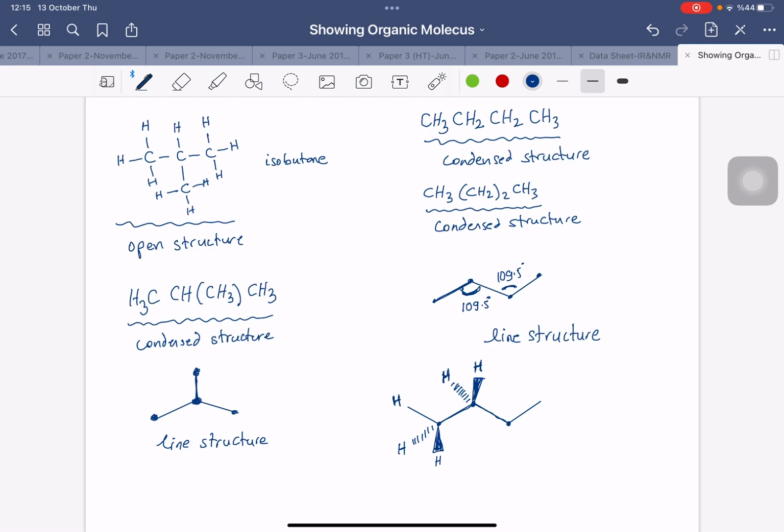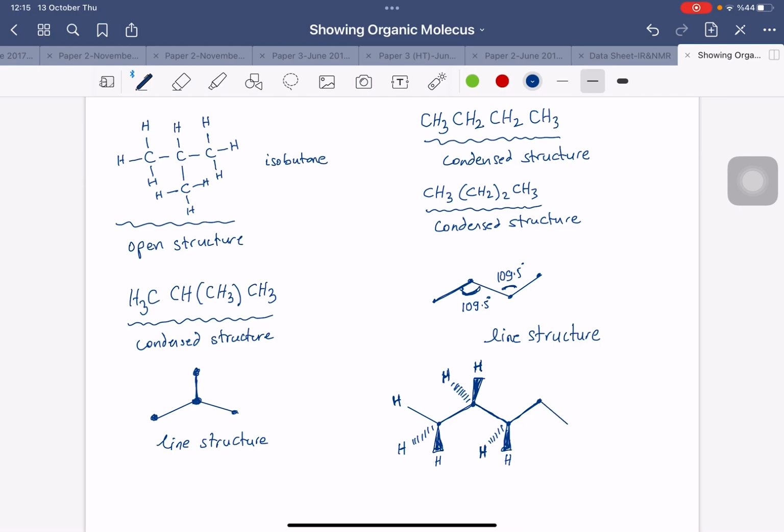Let's draw this one. I can see these two lines in the same plane. This line and this line are in the same plane. One hydrogen is facing toward us. The other hydrogen is facing backward. In this carbon, there are three hydrogens.